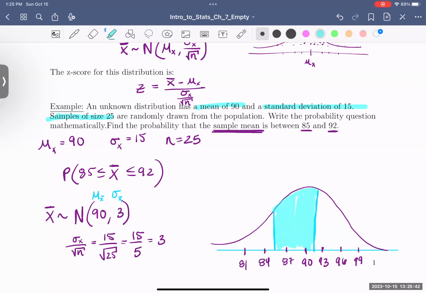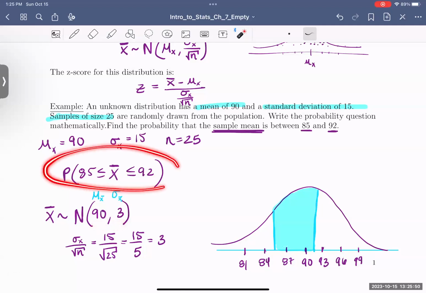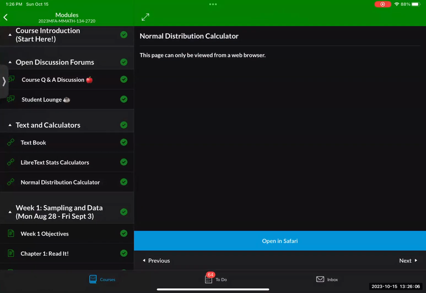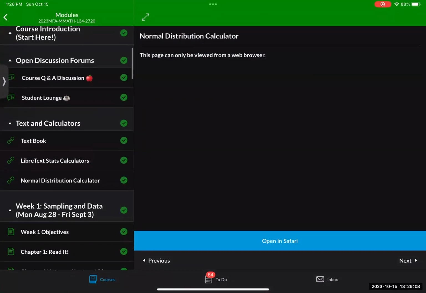When I go to my online calculator, I have to make sure I'm entering this mean and this standard deviation. Since my probability question was about the sample mean, I don't want to use the original mean and standard deviation. I want to use the updated mean and standard deviation, the ones that go with this specific sample mean normal distribution. Remember that these are over on the left or in our modules under the text and calculators.